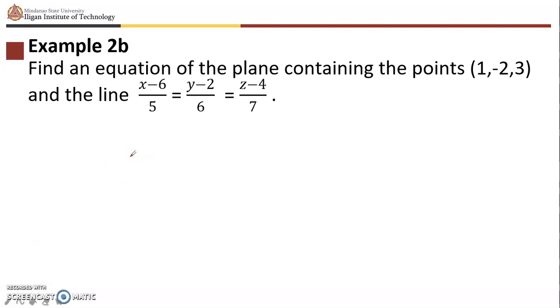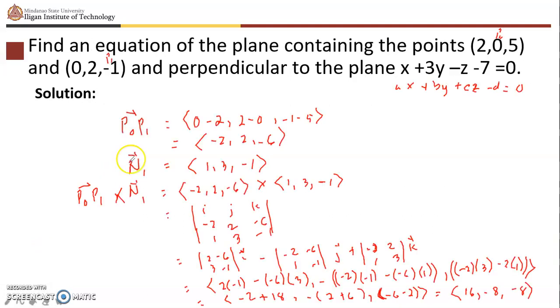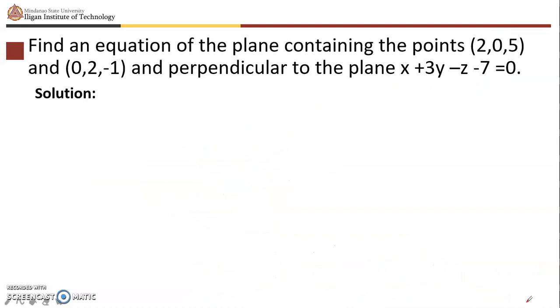So far we have already solved for the vector which is perpendicular to that plane, which is 16, negative 8, negative 8. The vector that is perpendicular now is p sub 0, p sub 1, we call that n, cross n1.